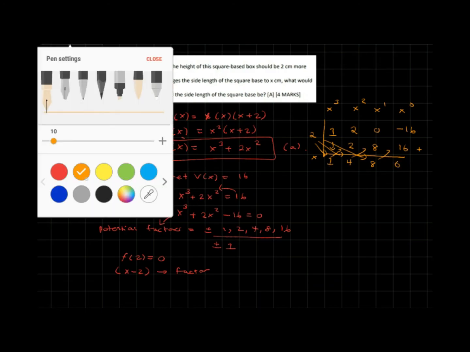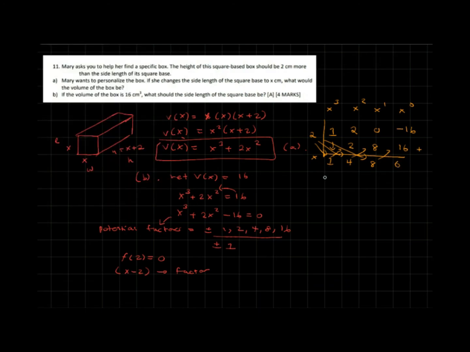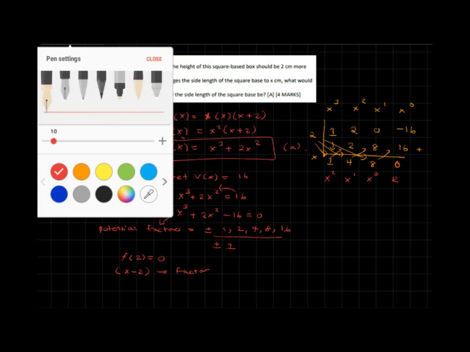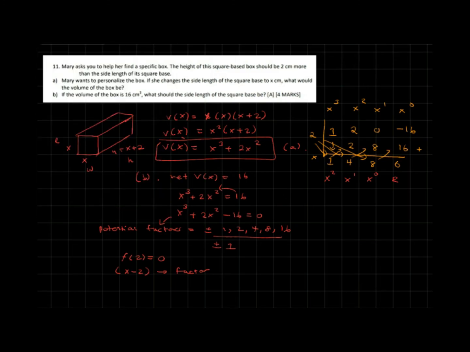So your quotient is going to have terms of 1 degree less than the dividend. So x squared, x to the power 1, x to the power 0, and then the remainder, right? This is 0, by the way. Remainder 0 means it's a factor. And in this case, our quotient is going to be x squared plus 4x plus 8.